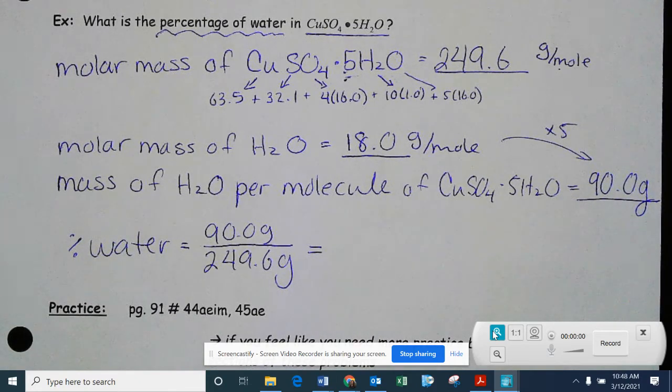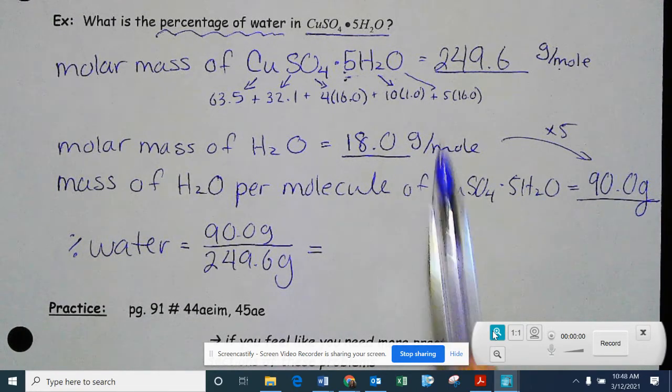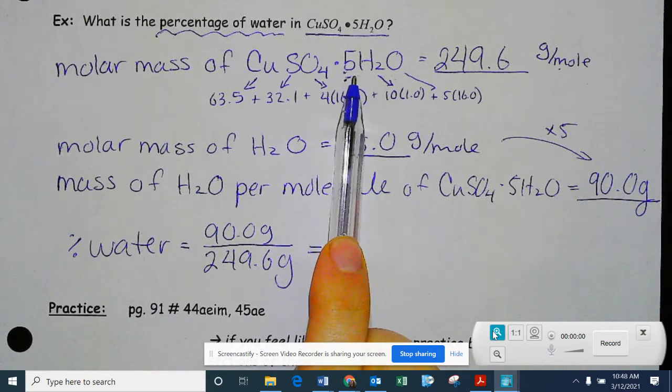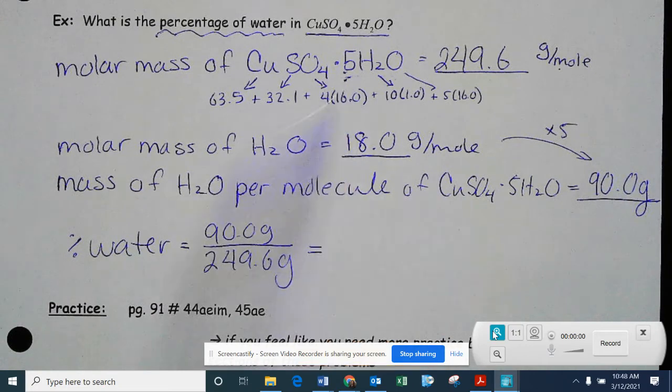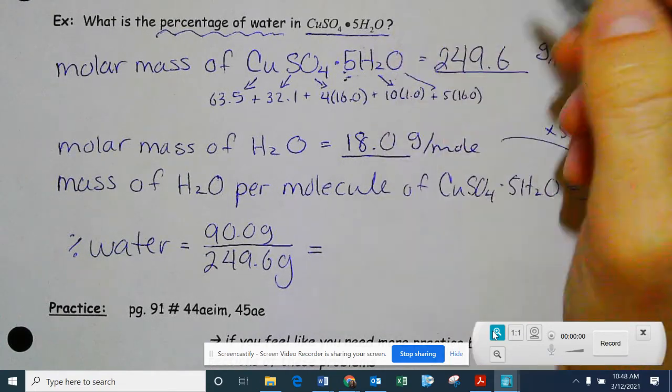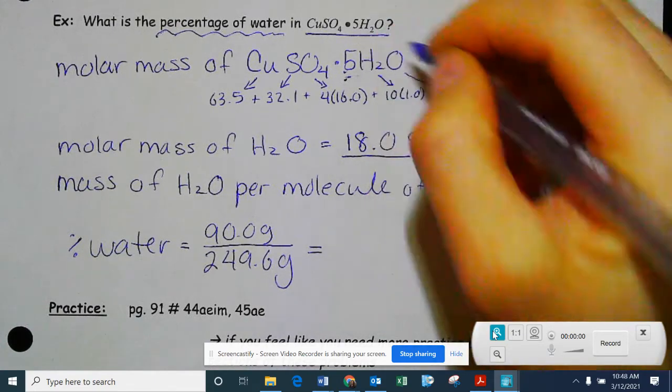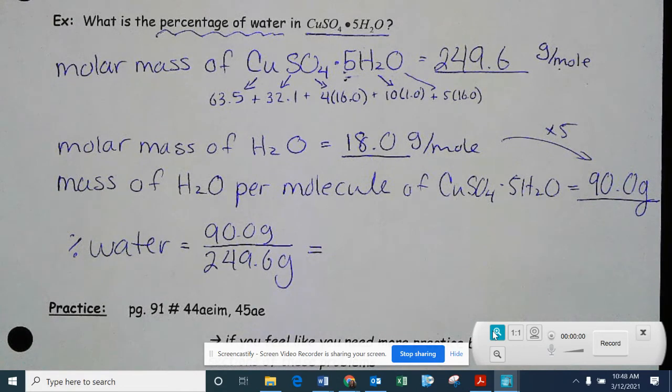Yeah, Amber? That's a really great question. Would the 5 make it just 1 sig fig because there's 5 H2O? Because 5 is not a measured number, it's not something that's going to count towards our sig figs. So 5 is a definite number. You have exactly 5 H2Os. So you could think about that as like 5.0 for infinity, right?